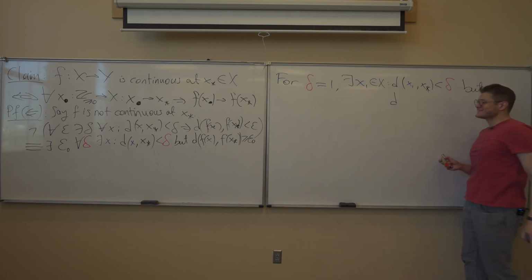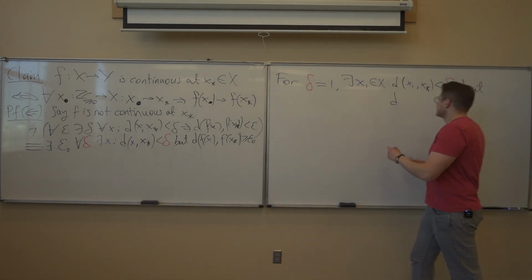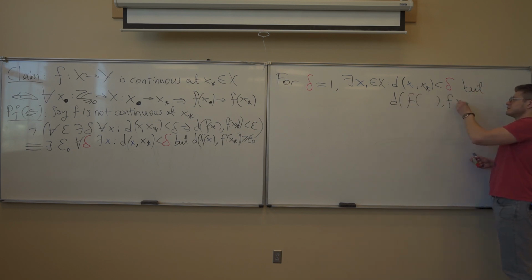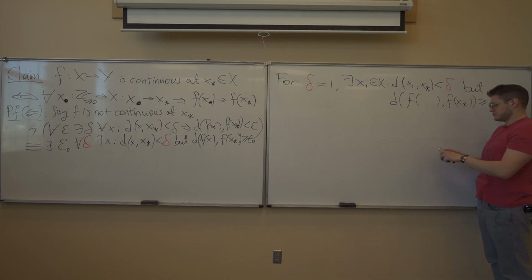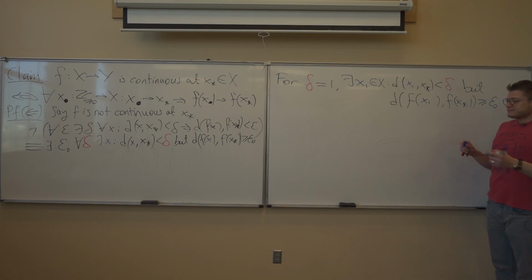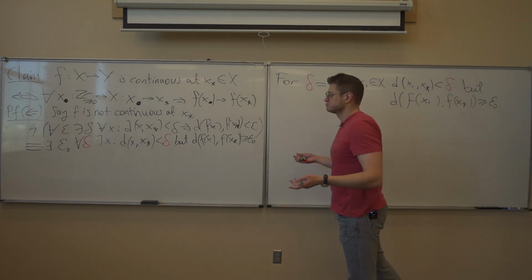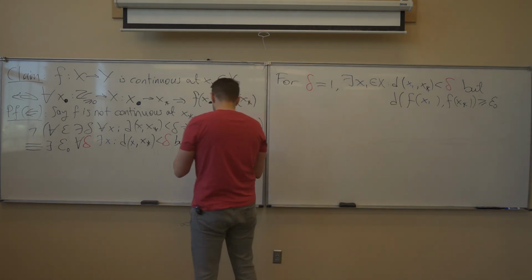But this should be f of x1. Now I keep going. For red delta equals, well, 1/2. Okay, I can keep shrinking it.